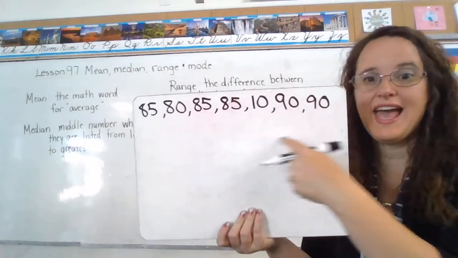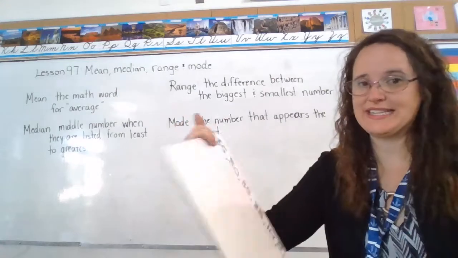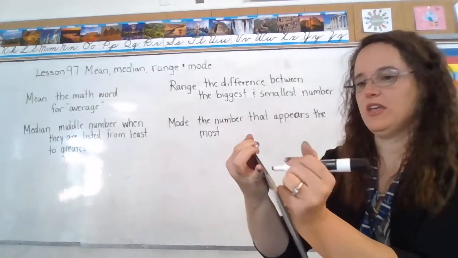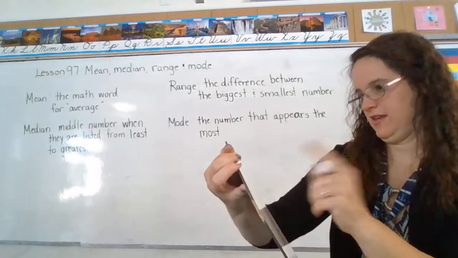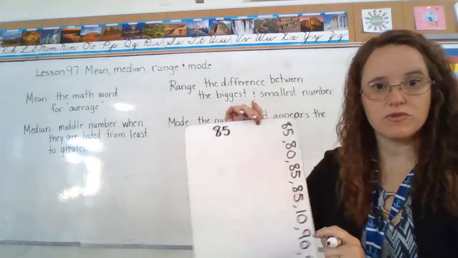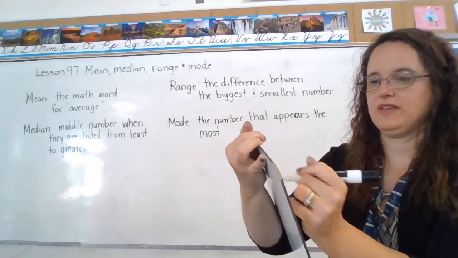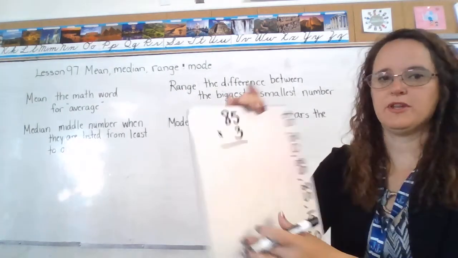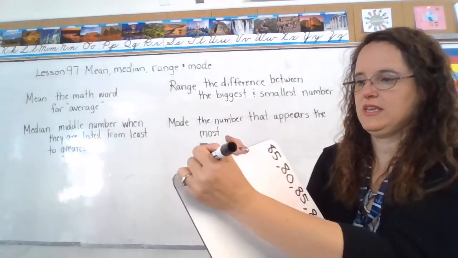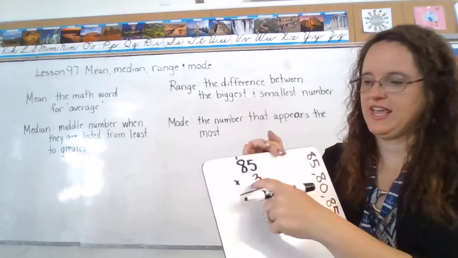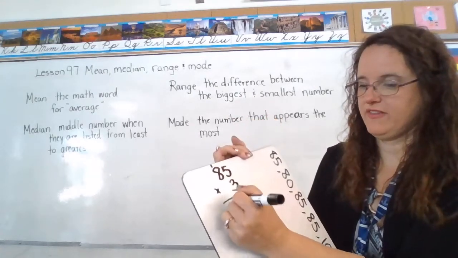We're going to have to add all of these scores up. So I'm actually going to turn my board like this so that I can fit them all. So 85, we have 1, 2, we have 3 85s. So instead of adding them, I'm going to multiply times 3. 85 times 3, 5 times 3 is 15, 8 times 3 is 24, plus 1, 25.